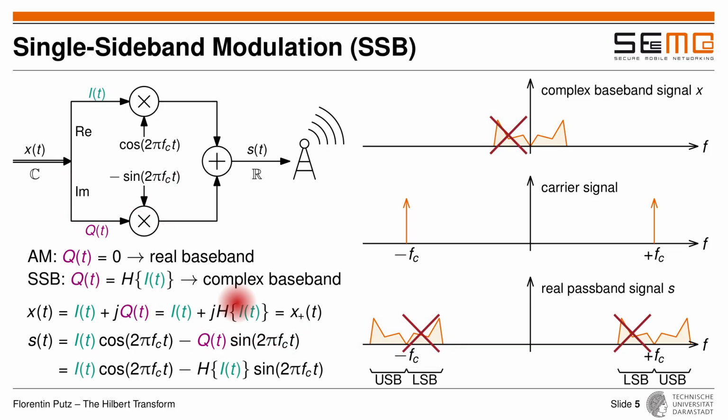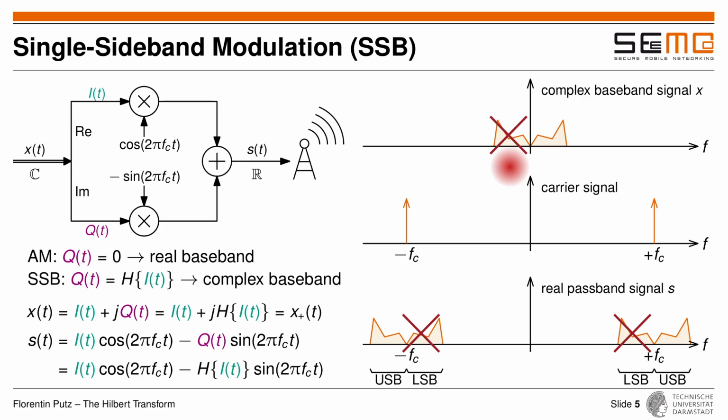Now let's come to single-sideband modulation, which is basically like a combination of AM and QAM, which we saw before. This time we choose a special q of t, which is dependent on I of t, the in-phase component. And because we have a q of t, it will be a complex baseband. But the idea is to choose this quadrature component in a way that the negative frequencies in our complex baseband signal will get cancelled out, so that they will be removed.